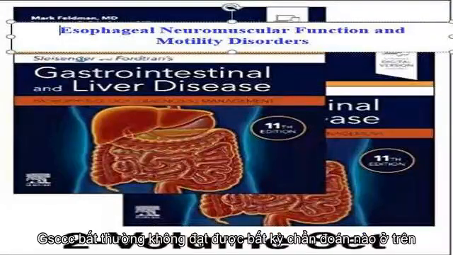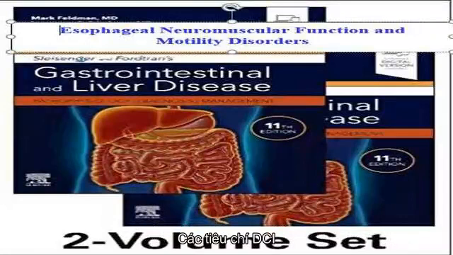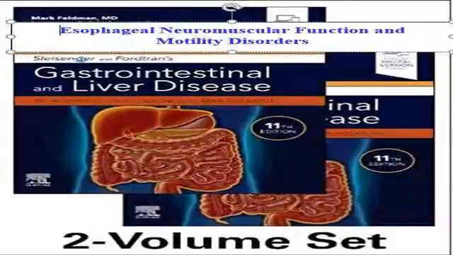Normal: not achieving any of the above diagnostic criteria. DCI, distal contractile integral; DL, distal latency; EGJ, esophagogastric junction; IRP, integrated relaxation pressure; see text.